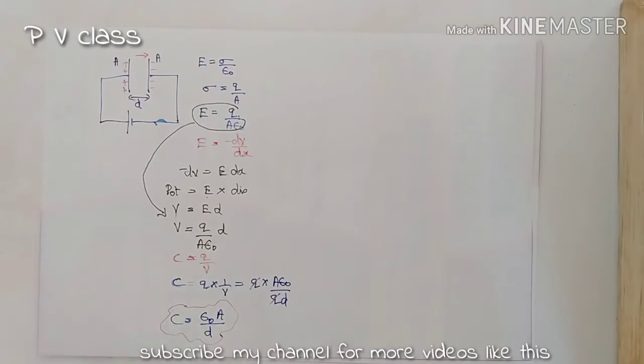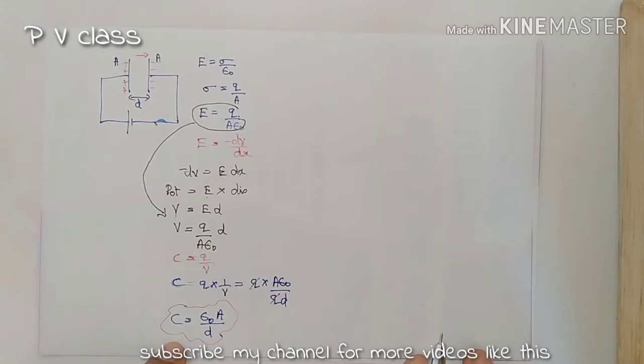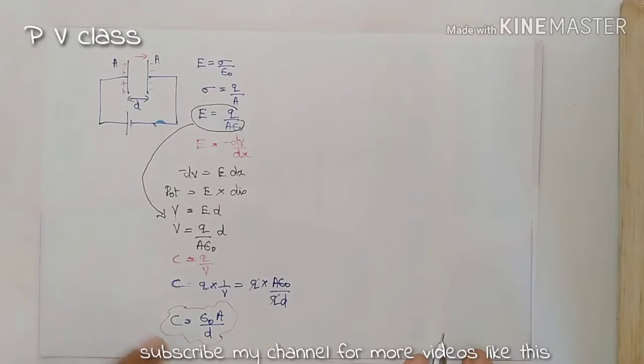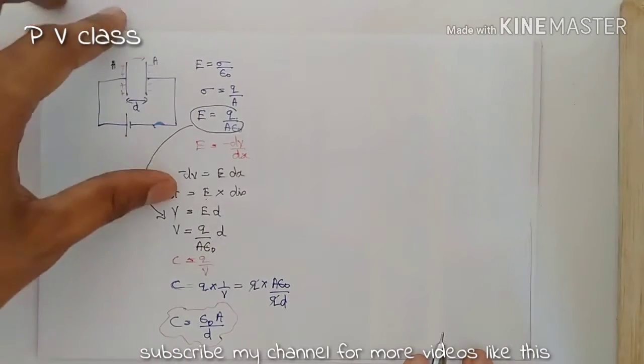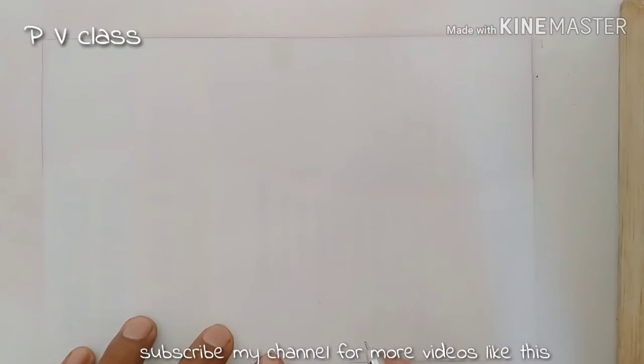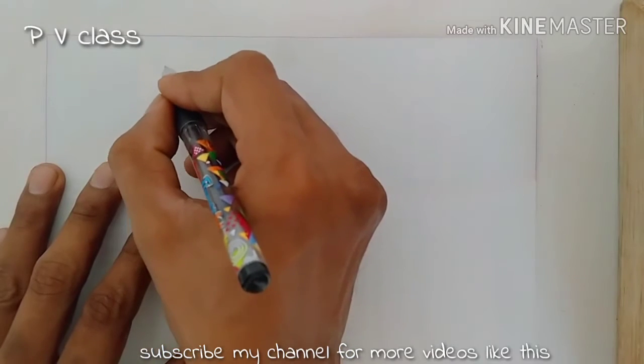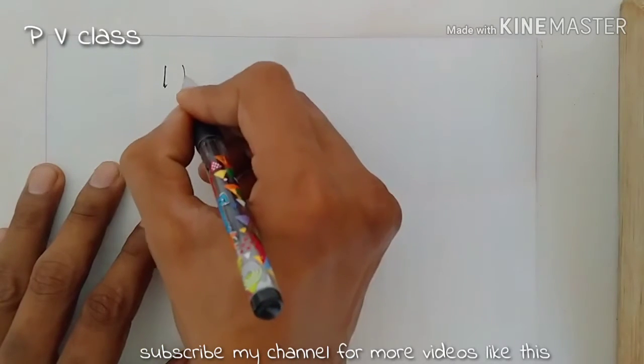In the previous session we discussed the capacitance of a parallel plate capacitor. This is the mathematical derivation for that, and now in this session we are going to discuss the capacitance of a parallel plate capacitor with a dielectric. We have a parallel plate capacitor over here.